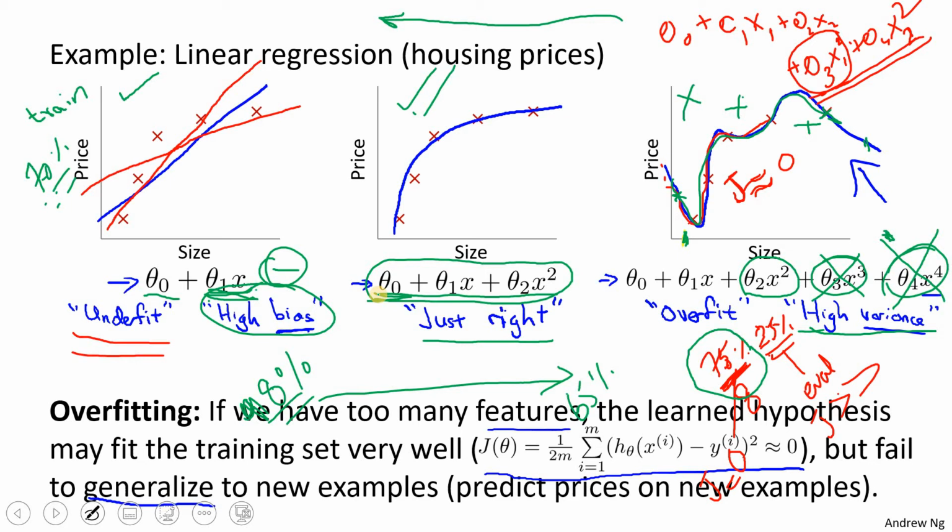We try to tune these values with the past data. So the learned hypothesis may fit the training set very well, so the J value is almost 0, but it fails to generalize to new examples. Predicting prices on new examples is very bad. This occurs because there is overfitting.